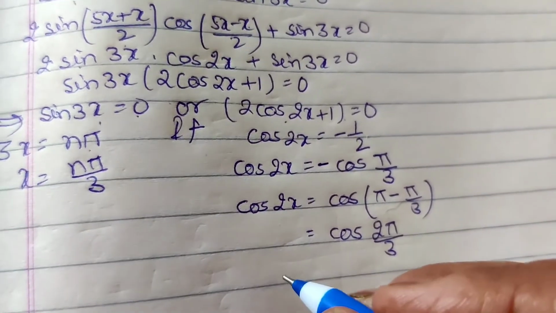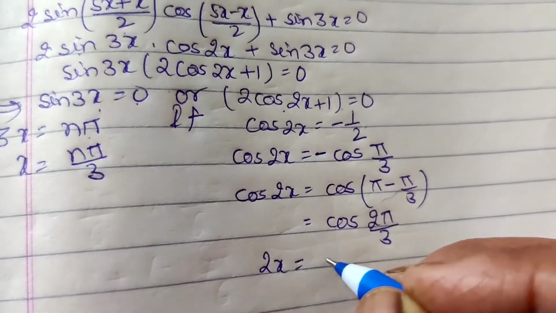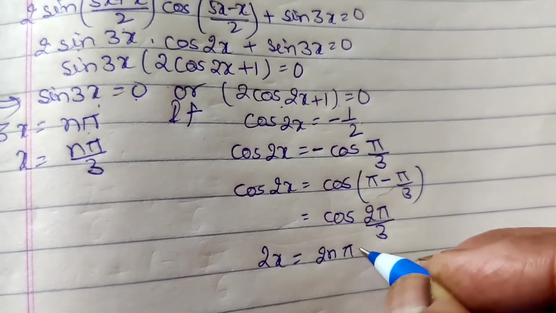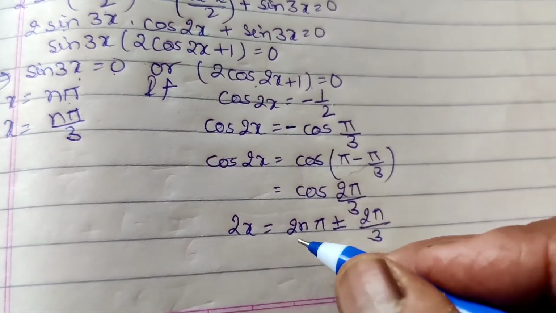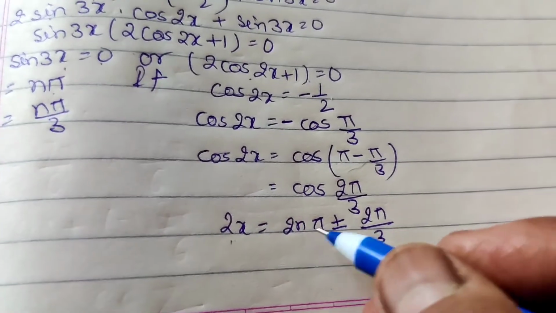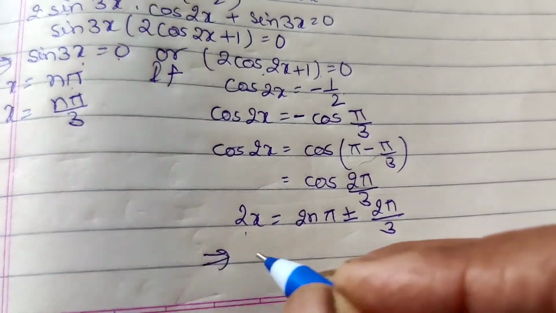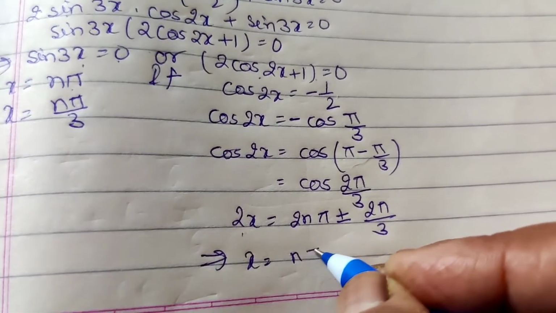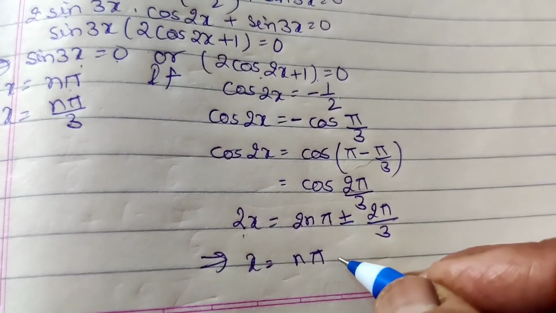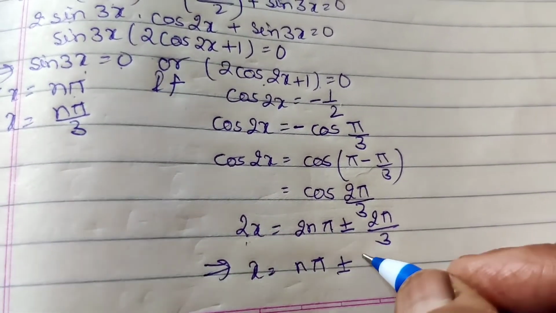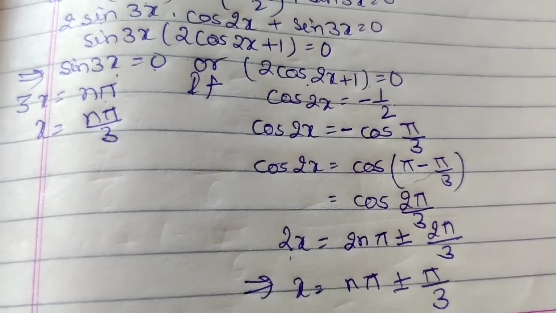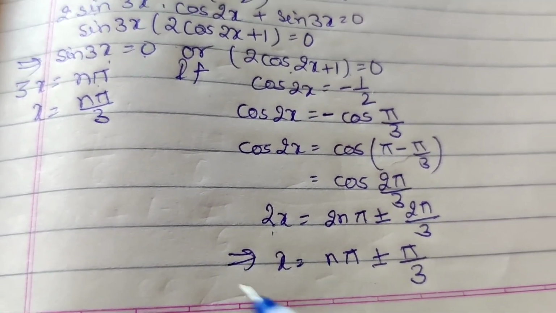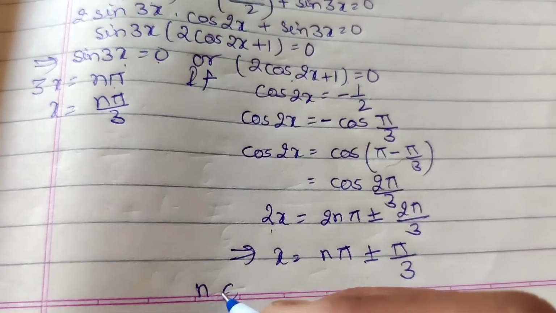The general solution is 2x equal to 2n pi plus or minus 2 pi by 3, and x equal to n pi plus or minus pi by 3, where n belongs to integers.